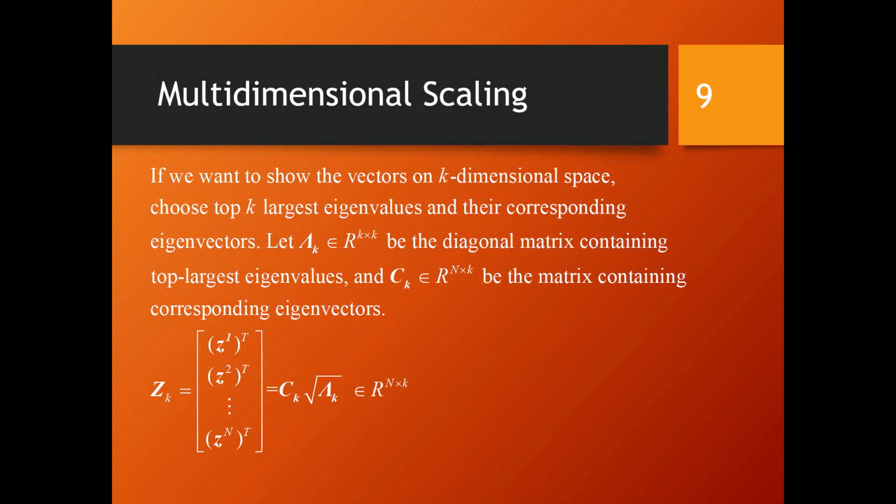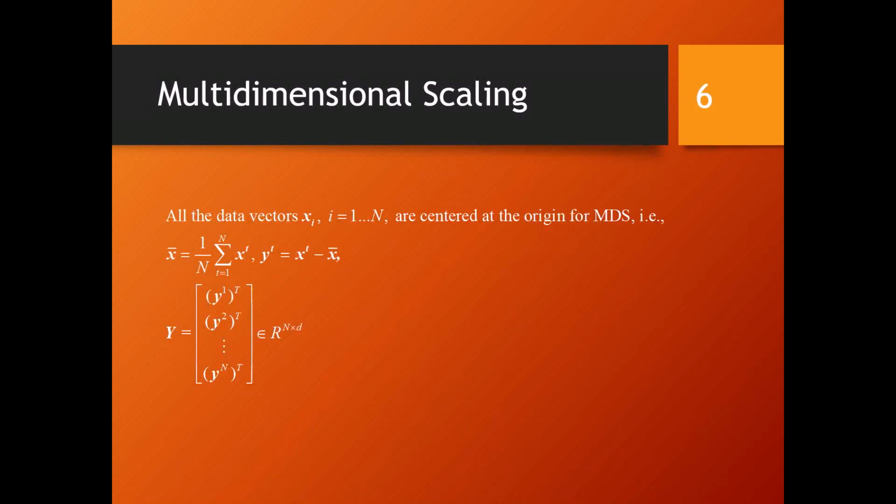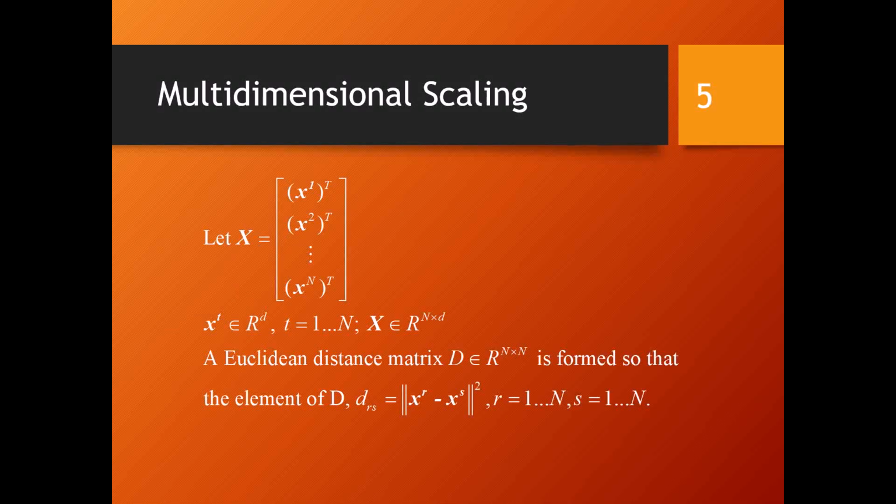If I don't give you D, I hope you know how to do it by yourself. Do you know how to calculate D? I actually don't have to give you D because D is calculated by this.